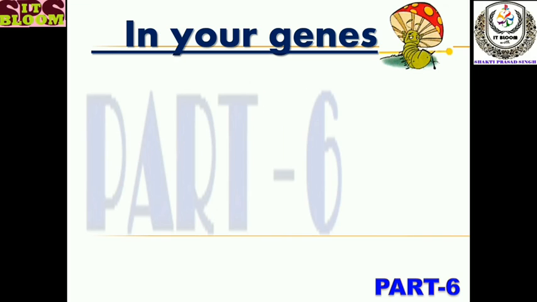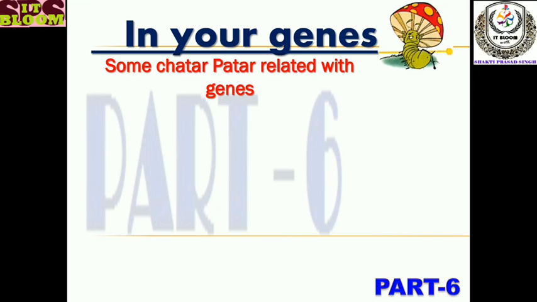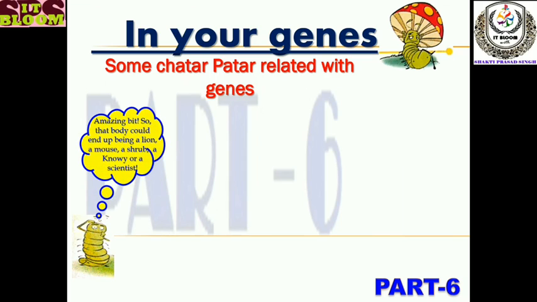So here is some chatter related to the genes. Let's see. Again the caterpillar asks, amazing bit, so that body could end up being a lion, a mouse, a shrub, a person, or a scientist.